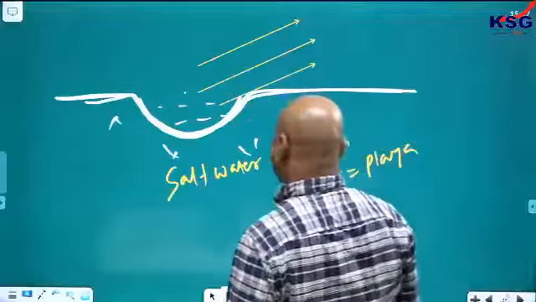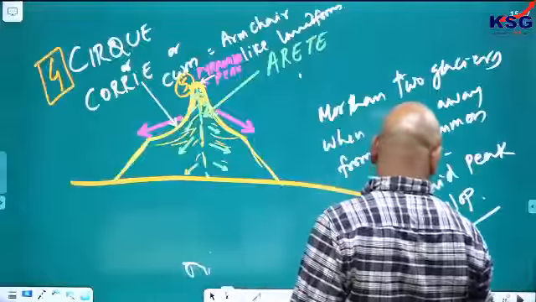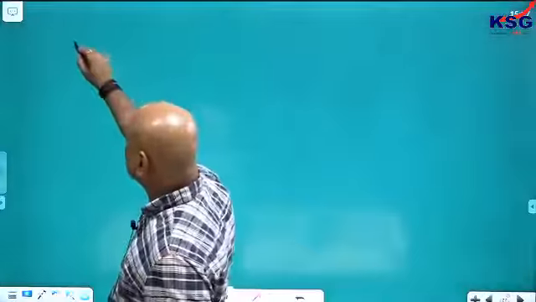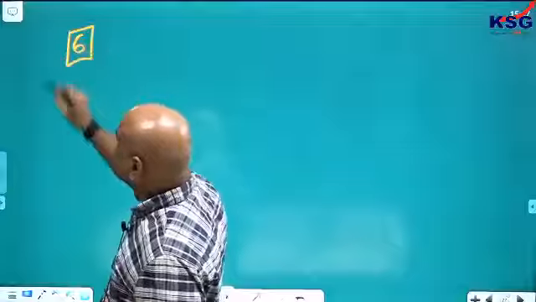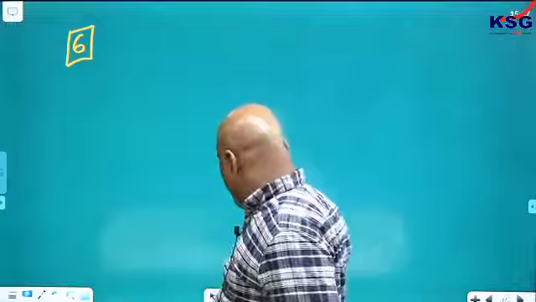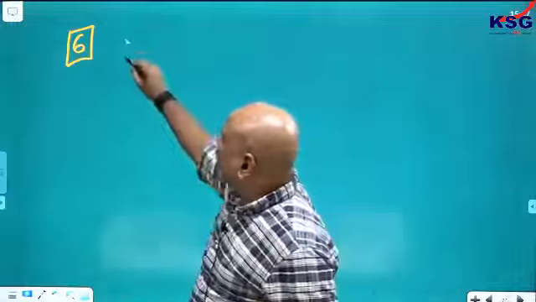Now I will go for the sixth one. Sixth eroded landform is the hanging valley. What is this hanging valley? Let me see now.